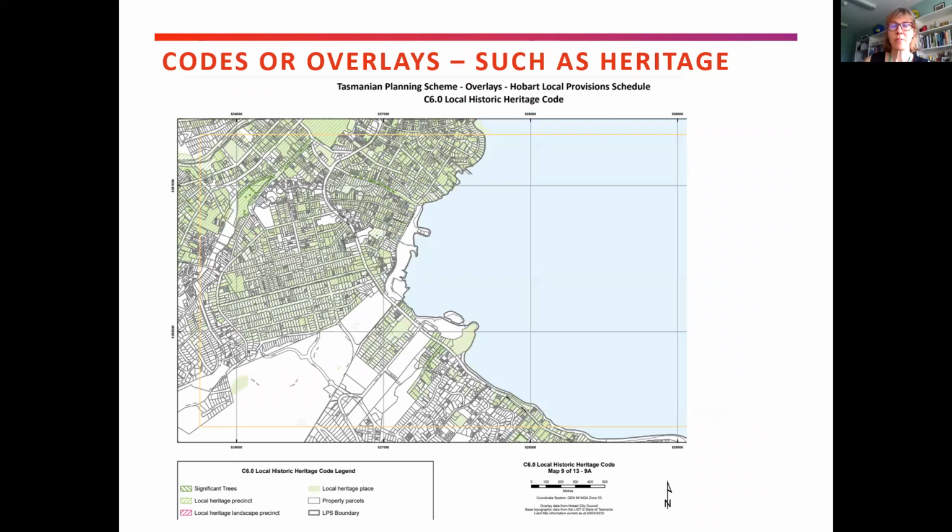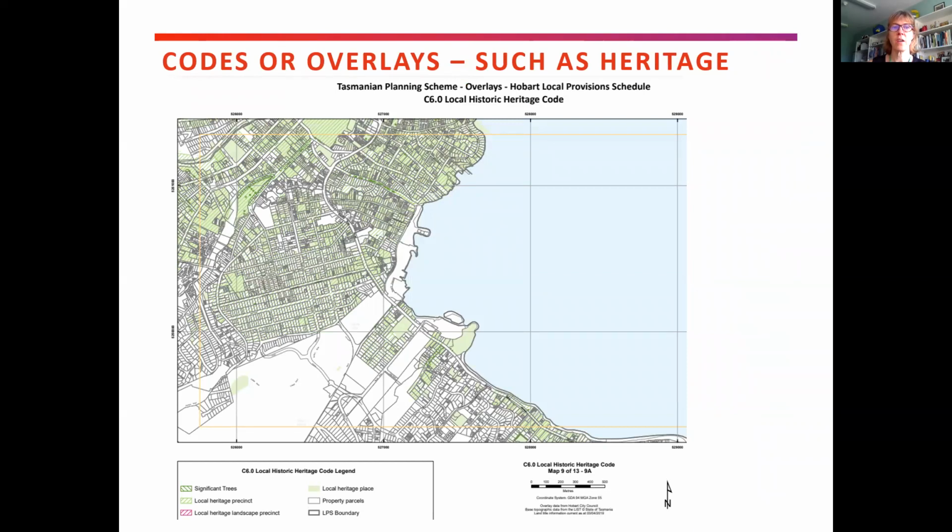So codes, we've spoken about codes, sometimes called overlays. It depends a little bit where you are, but they're used interchangeably in Tassie. And here's one of the heritage, this is a local heritage code. And you might recognise this because there's a big white chunk here that is the particular purpose zone of the Sandy Bay campus.